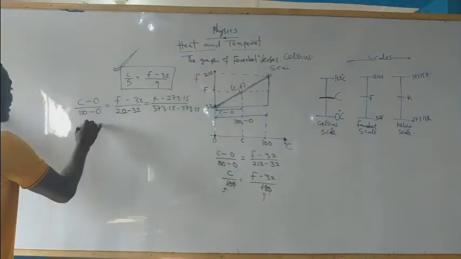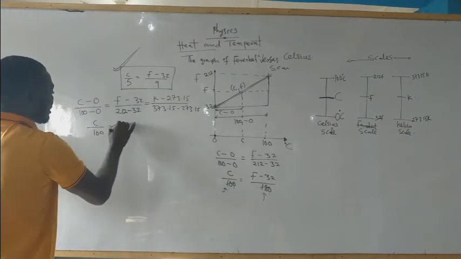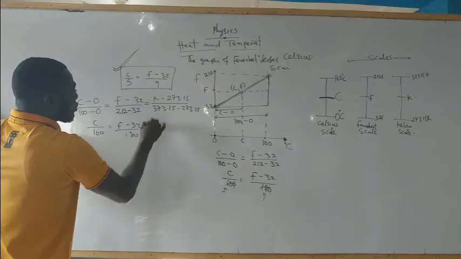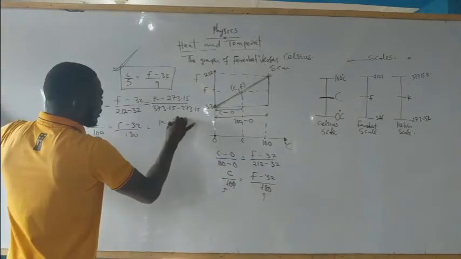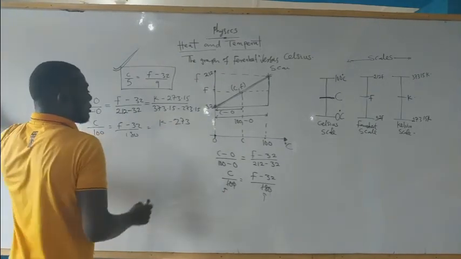C upon 100 equals to F minus 32 upon 180 equals to K minus 273. See the same thing.